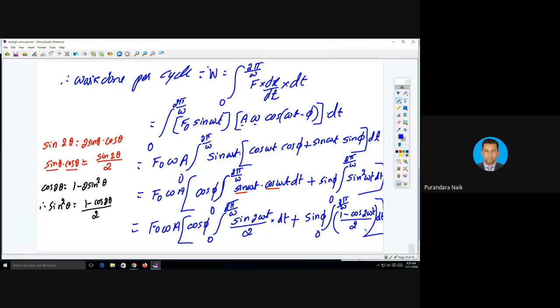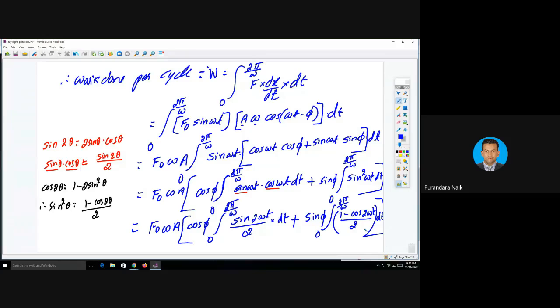Okay. So this is the simplification we have done. After the simplification, we can go for the integration. The first term is the integration of sine 2 omega t, which is minus cos 2 omega t. Substitute the value 2 pi by omega for t, and 0.